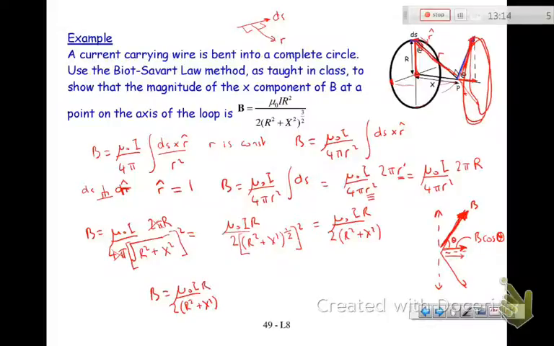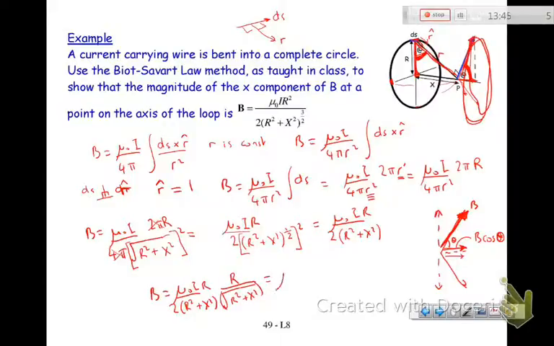So, okay, then I've got to do this component, and the component, well, cosine is adjacent over hypotenuse. Oh, adjacent over hypotenuse. There's an adjacent. Remember, this angle here is the same as that angle there because of geometry. So adjacent over hypotenuse is going to be R over the square root of R squared plus X squared.